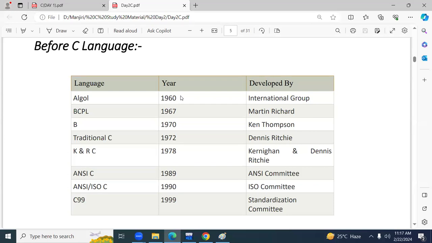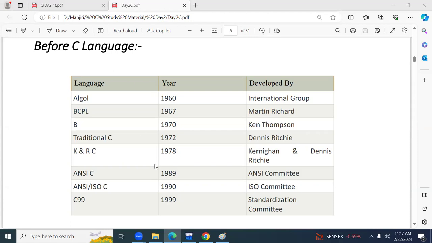or standardization in 1990. And then C99 is one of the standardization committees' versions. Currently C99 we can say is the last developed version. Currently also there are some developments going on. I'll confirm which is the current one, and then I'll tell you. Okay.